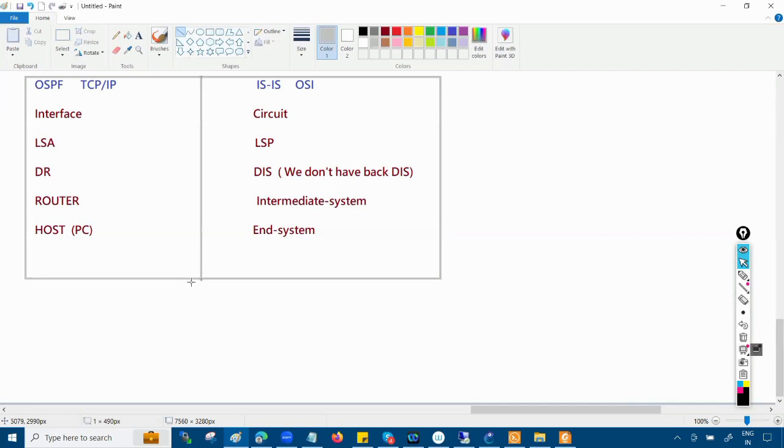That's why most of the terminology in the spanning tree protocol starts with bridge, like bridge ID, root. Same thing, IS-IS was for the OSI. Later on, we introduced dual IS-IS, or we can call it integrated IS-IS. But still, we are using the older terminology.